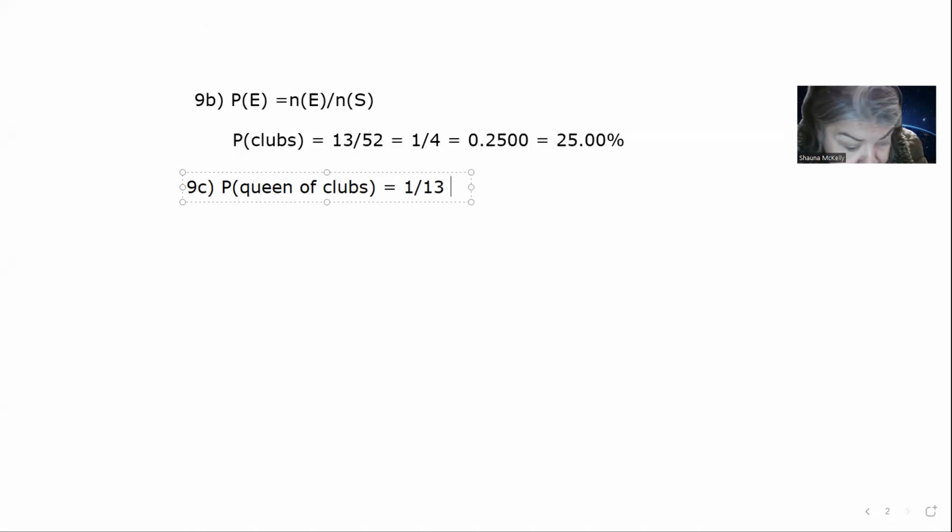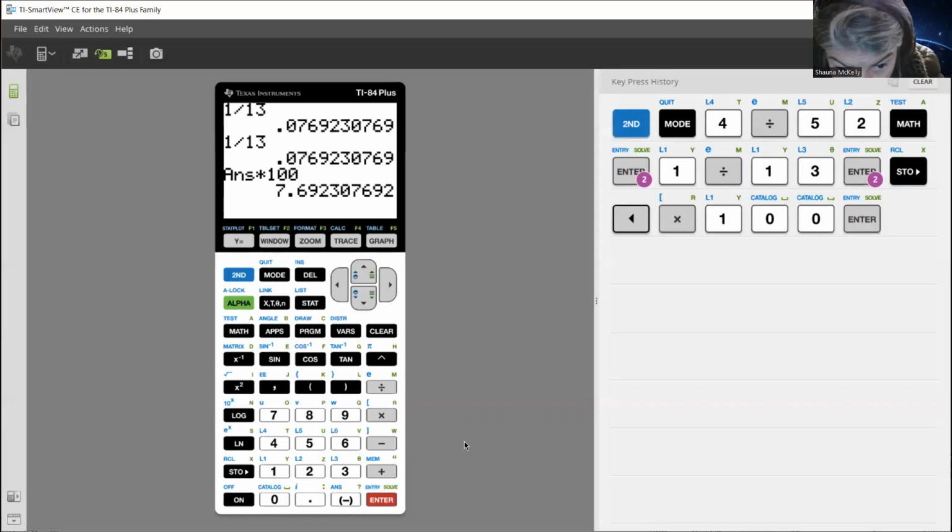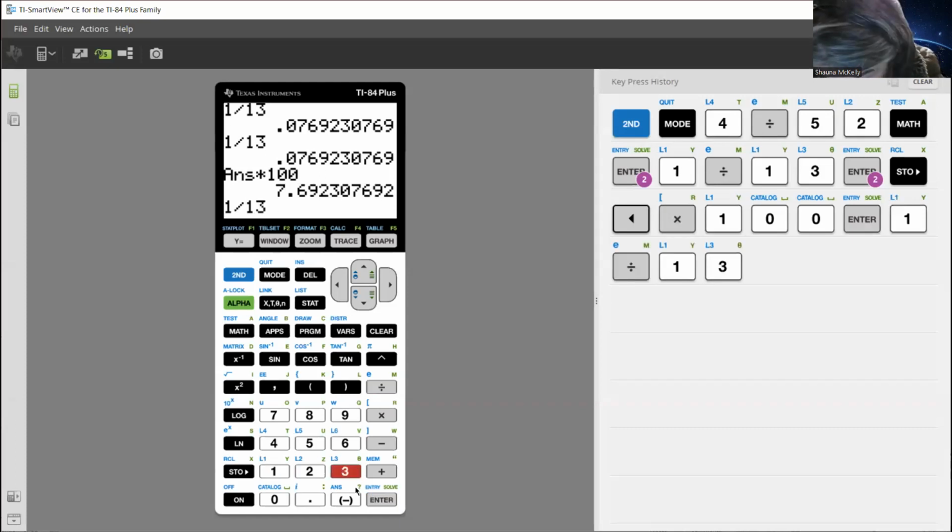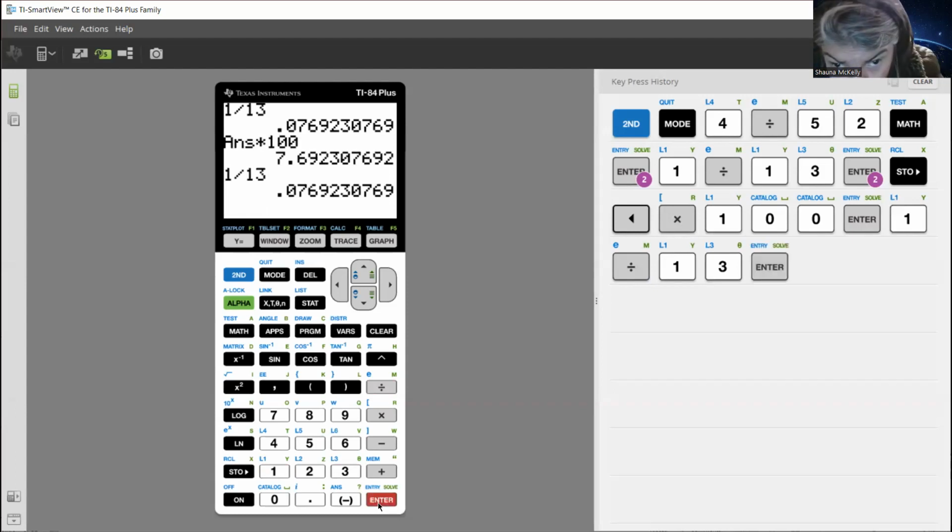And if I reduce that, let's look at my calculator, because our calculator is our friend, all right? So we're going to go to the calculator at this point. We're going to go 1 out of 13. Now this doesn't reduce, so we're not going to have that extra step.